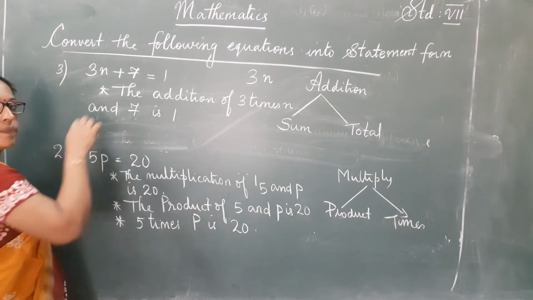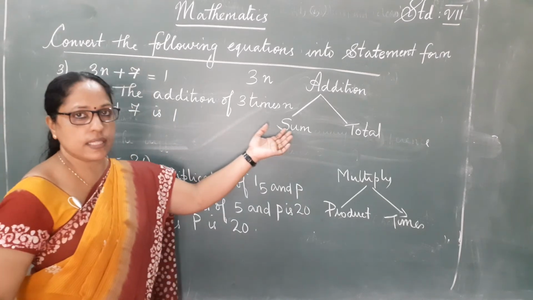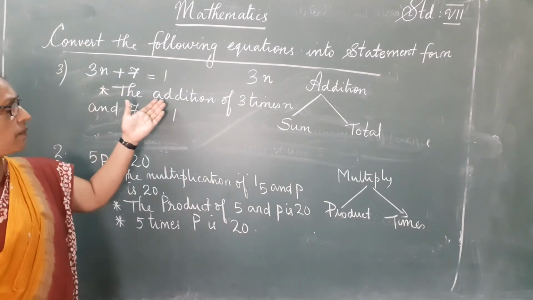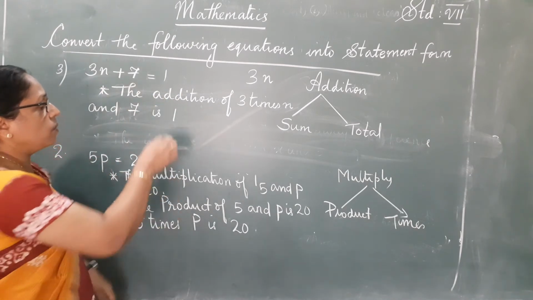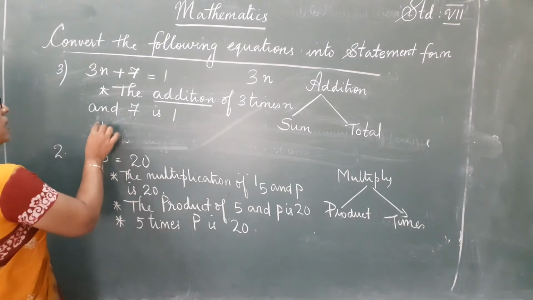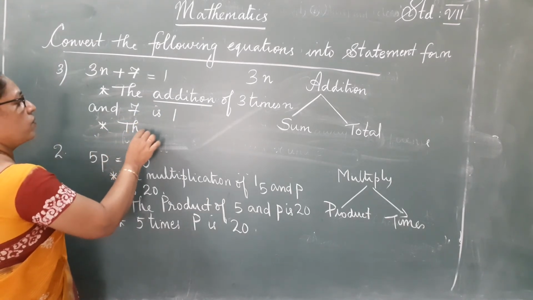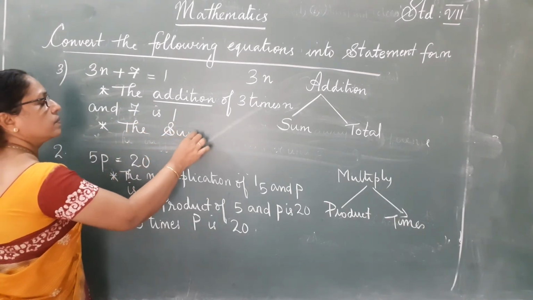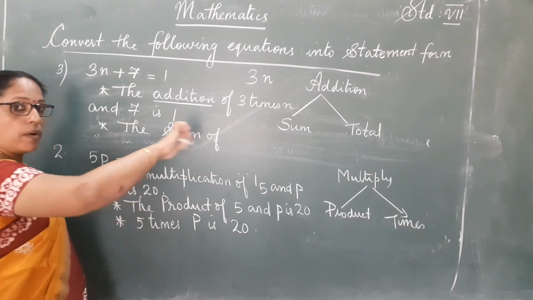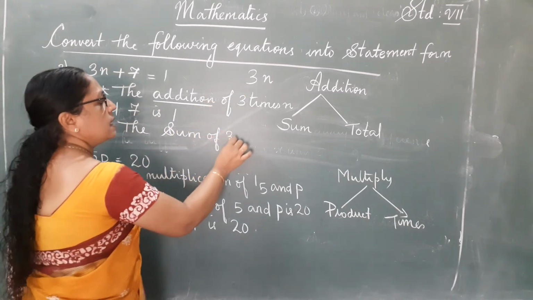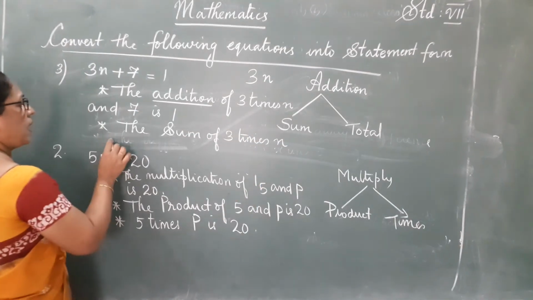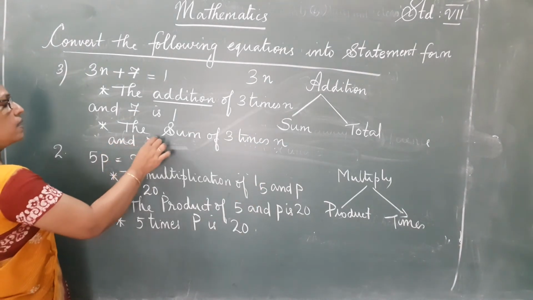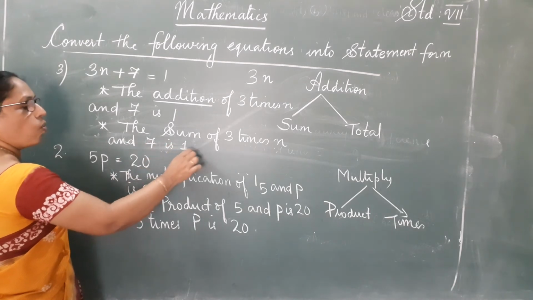is 1. Same way we can say the sum. Instead of addition, what do you have to write? The sum of, just replace the word addition. Then we get the sum of 3 times n and 7 is 1.